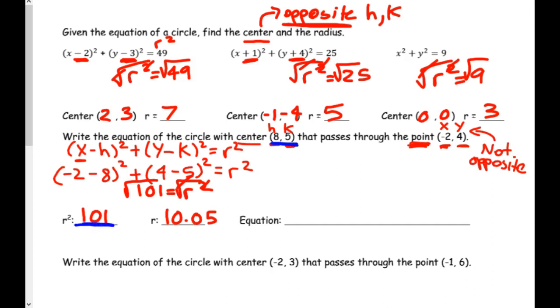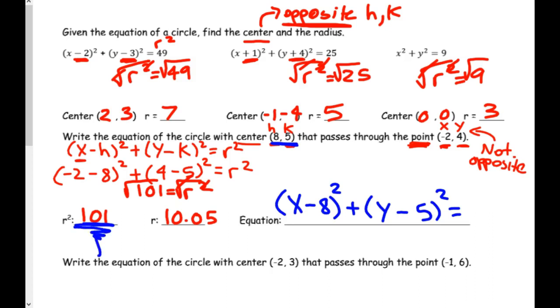So check it out. My equation: x minus 8 squared plus y minus 5 squared equals, and remember, at the very end, you're going to put r squared. So you could put 10.05 squared, but don't we know that r squared over here is already 101, okay?